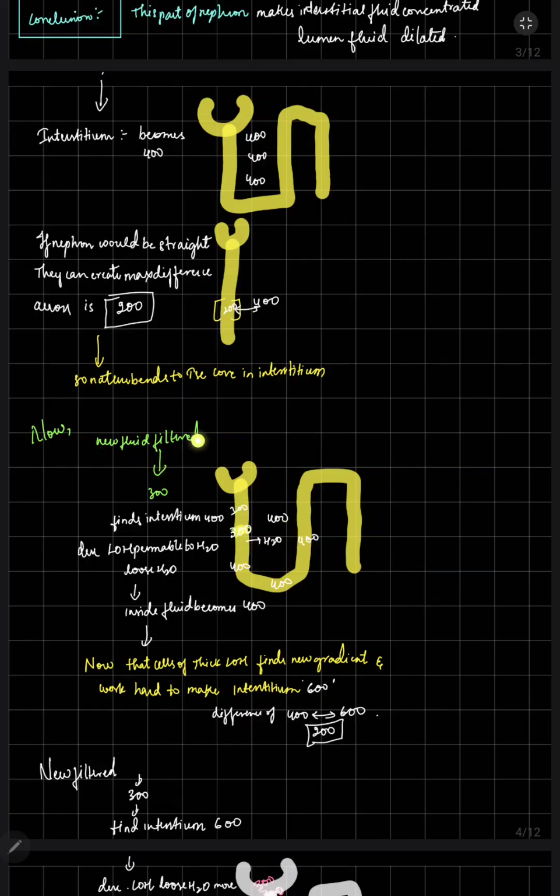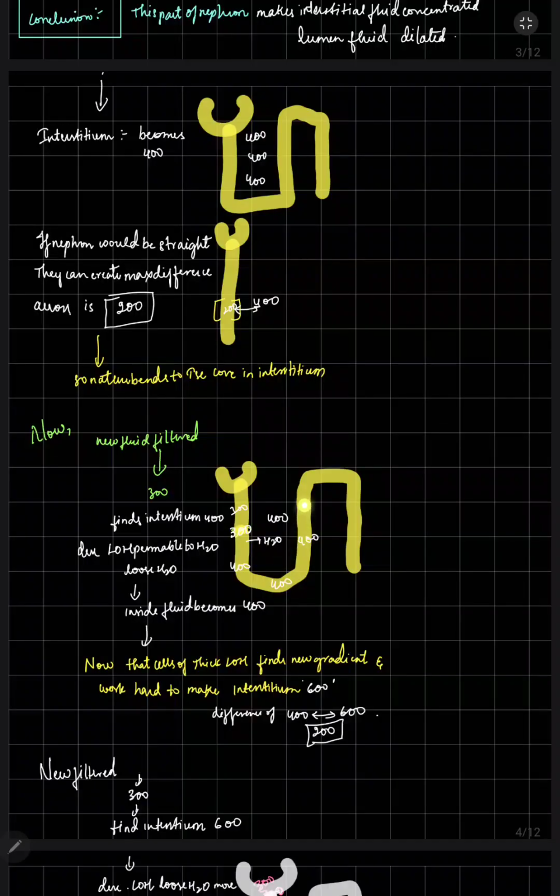Now again a new fluid filtered of 300. Here what happens while moving down, it finds interstitium of 400 or across. Now it starts losing water, as the interstitium is hyperosmolar, and it loses water and becomes 400, equal to that of the interstitium.